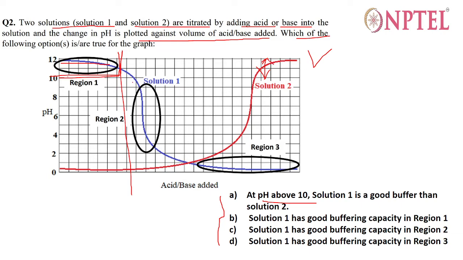So it's a relative judgment. Depending upon solution 2, solution 1 has a good buffering capacity in the range above 10, and also in this range, because if we add base or acid, there is not much change here. But this place is not good in terms of buffering capacity.